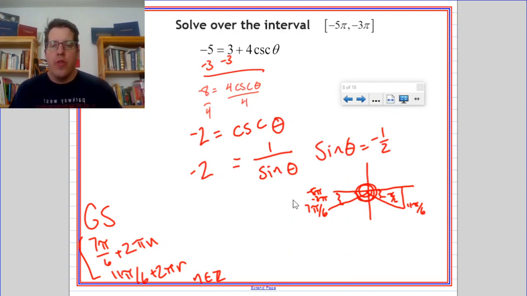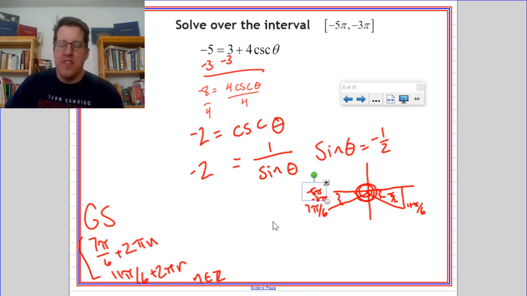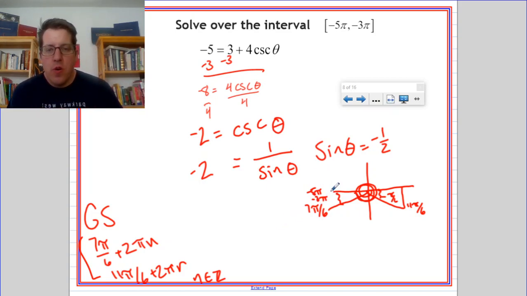If I think of this as negative 5 pi, then if I move over just by pi over 6, so negative 5 pi plus pi over 6, that would be one solution. Okay? This would be negative 4 pi.